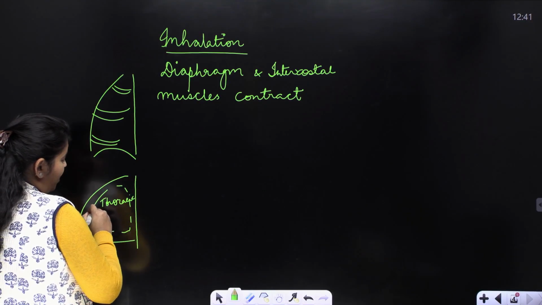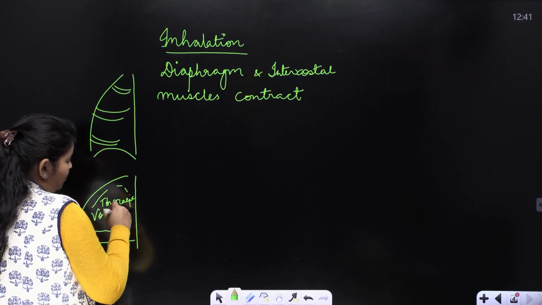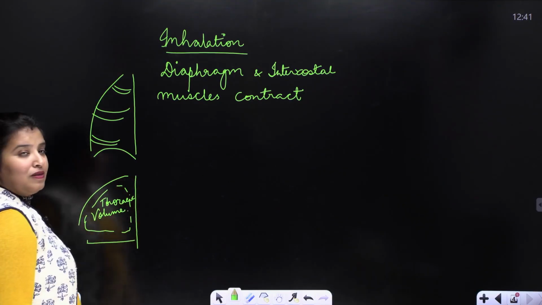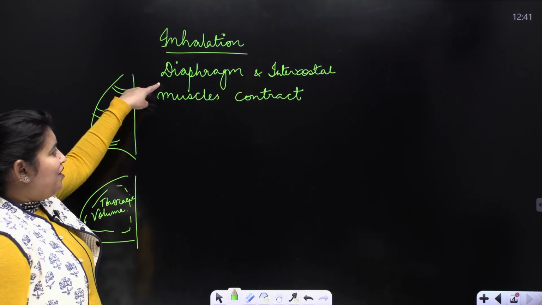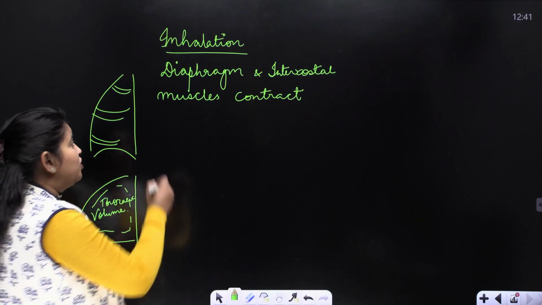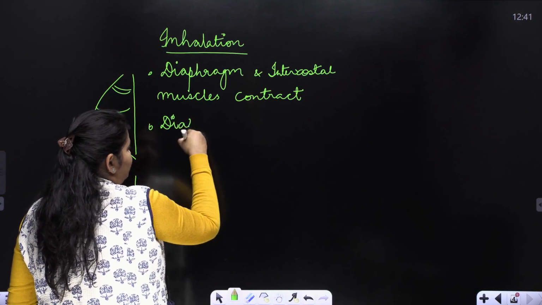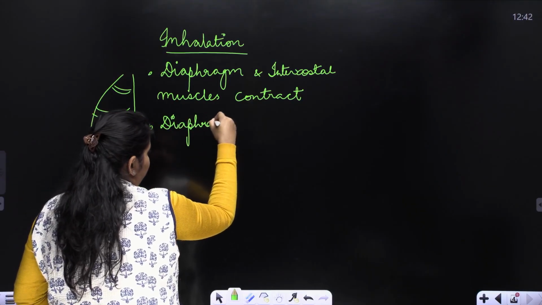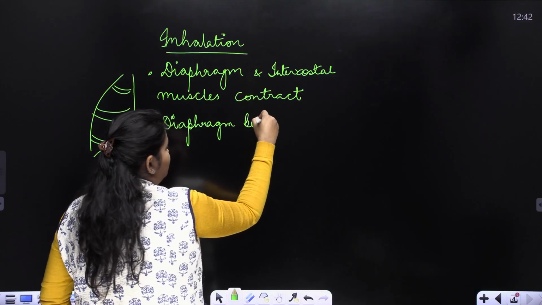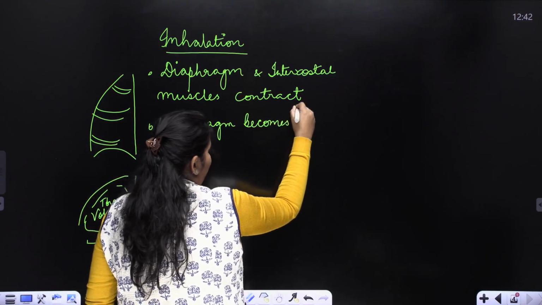The volume of the thoracic cavity increases. All right. So when the diaphragm and intercostal muscles contract, what is going to happen? The diaphragm becomes flat.